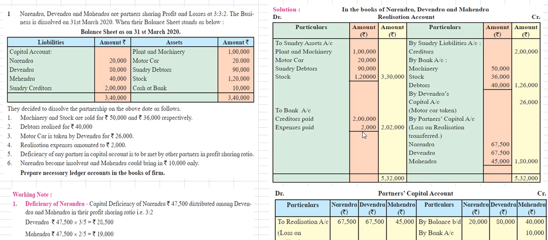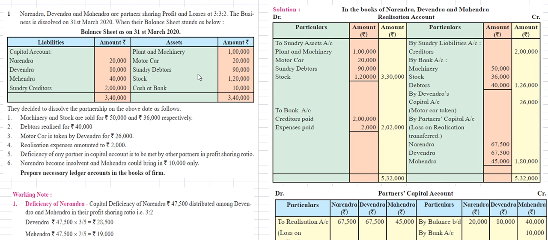They will sell the assets and then pay the liabilities, close all the accounts, and then dissolve the partnership. In this, two partners are insolvent while dissolving the partnership.